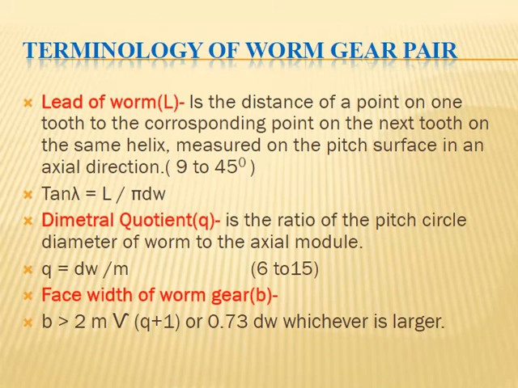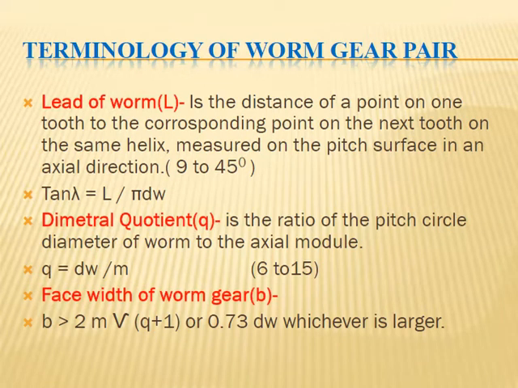Lead of the worm. Again it is the same concept which we already learned in DME 1 in the power screw. The lead of the worm, L, is defined as the distance of a point on one tooth to the corresponding point on the next tooth on the same helix, measured on the pitch surface in an axial direction.